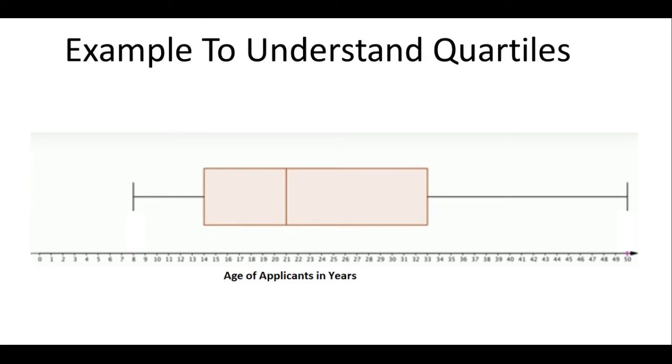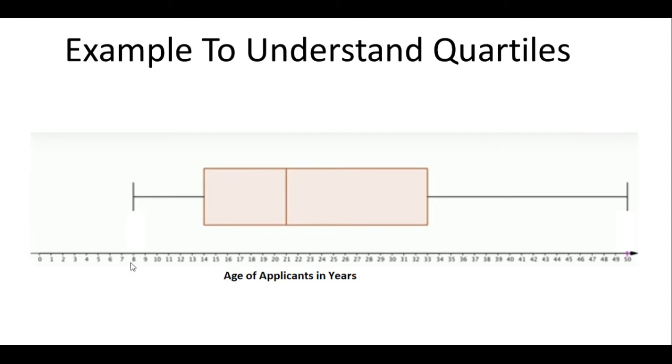So we found this example on the internet, and I'm trying to make you understand the meaning of a box plot with the help of this example. So let's say some experiment or survey was conducted, and in that survey the qualified applicants are these people, right?